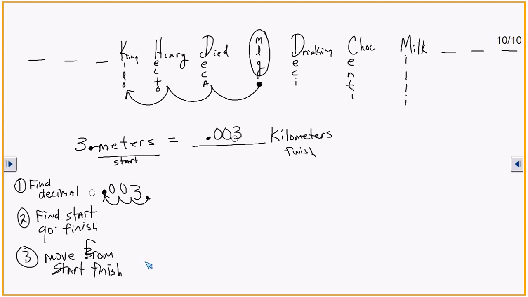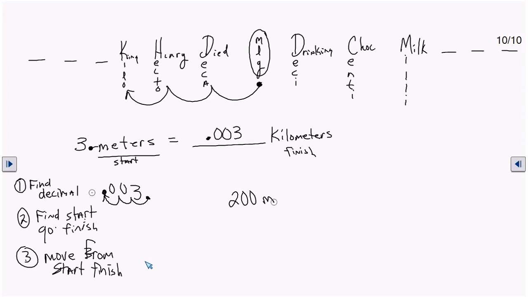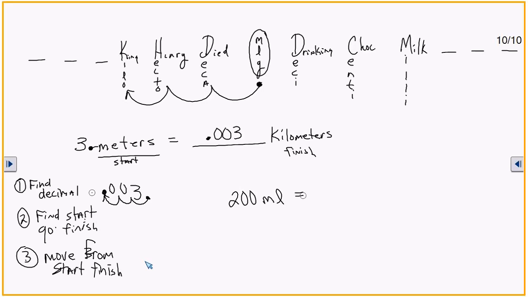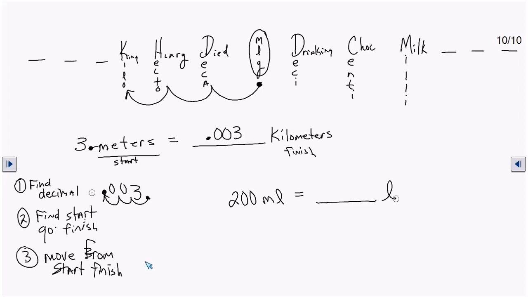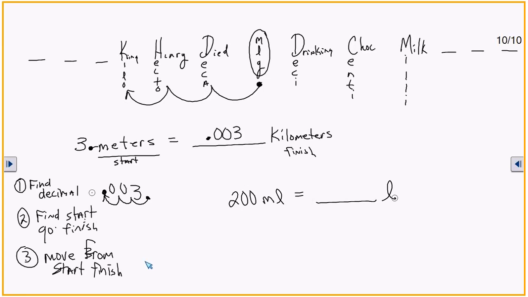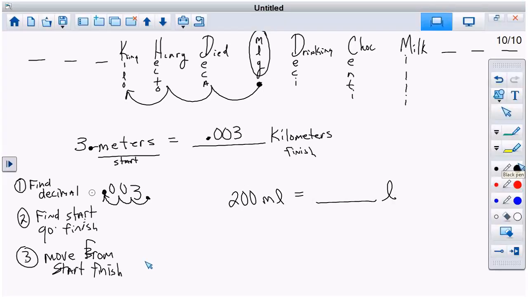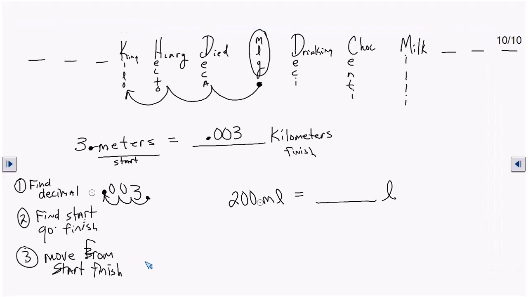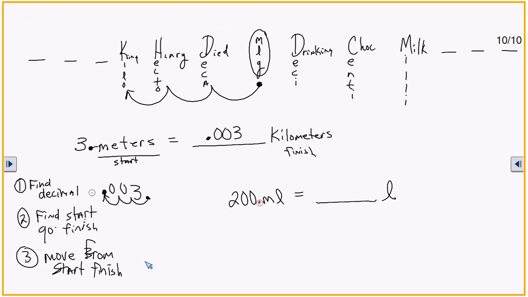Let's change from milliliters. I've got 200 milliliters, and I want to change that to liters. So where is the decimal on the 200? The decimal is right here. So where do we start? We start at milliliters, and we're moving to liters. 1, 2, 3.